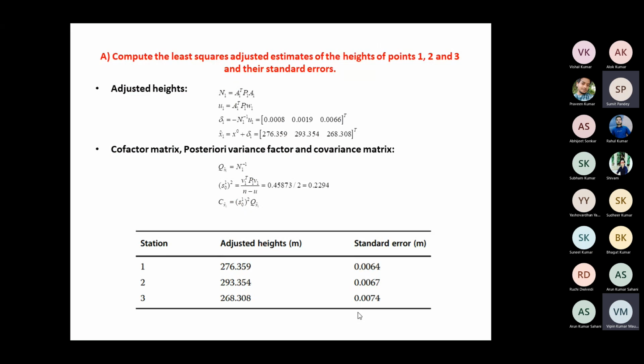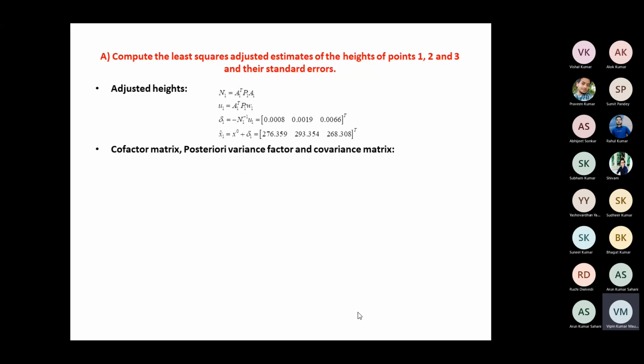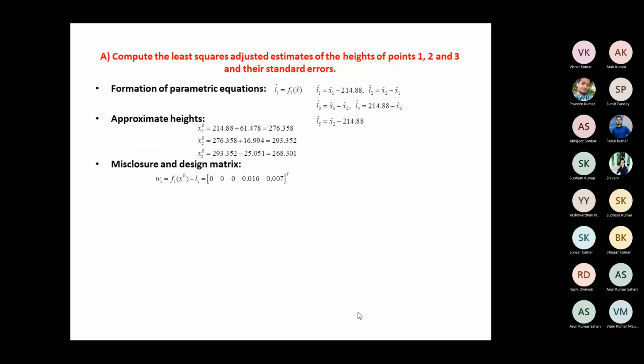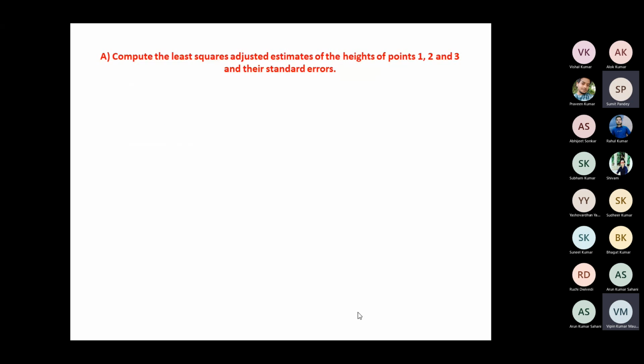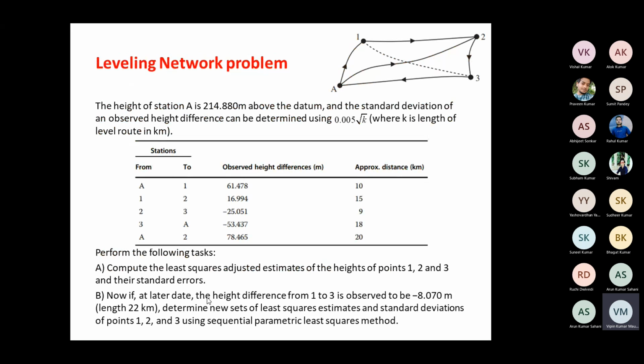It is not looking right because you have to see this. HA is the height from datum. It is known to you. If the distance is given from A to 1, it means H1 minus HA equals this height difference. Is it clear?